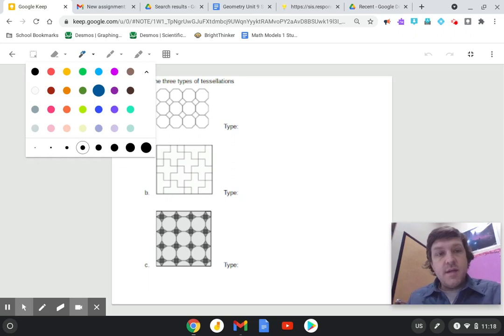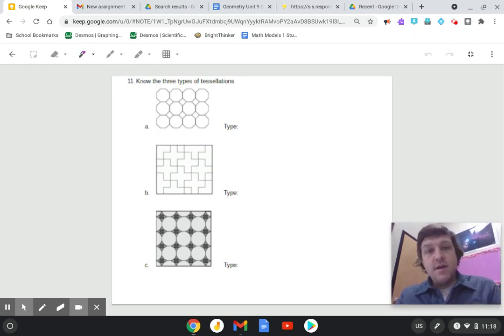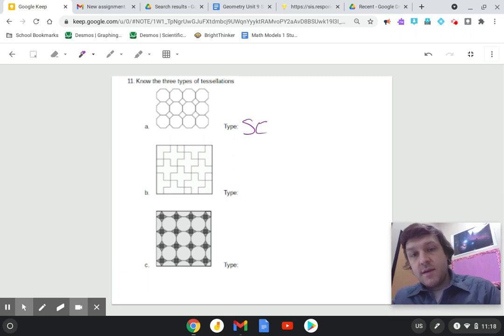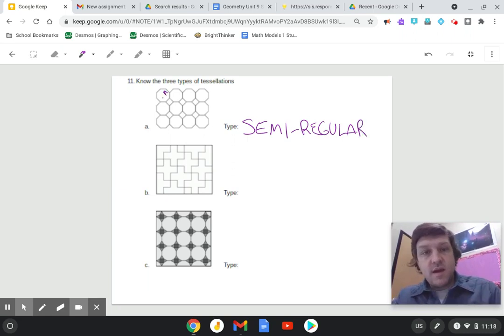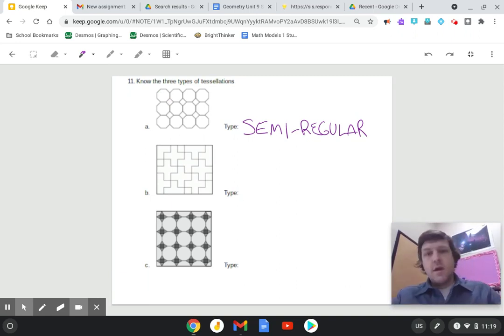So keeping that in mind, looking at the questions we have here, A is a semi-regular tessellation because there are the octagons here and the squares in between. Those are both regular, so it's semi-regular. The middle option is a neither. It is a single type of polygon.